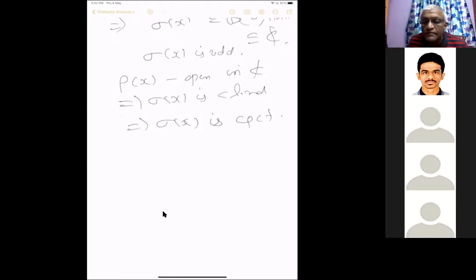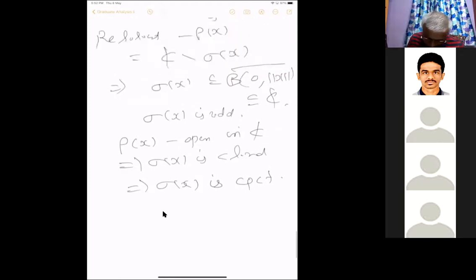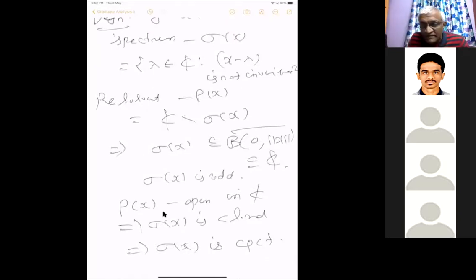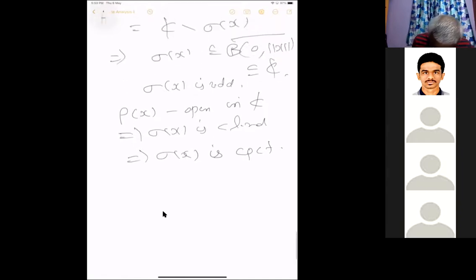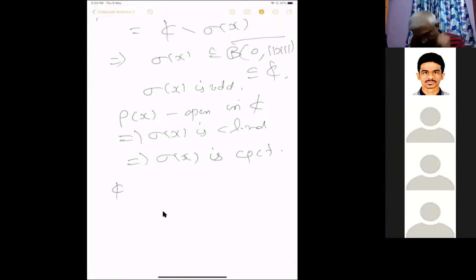So how is the complement open? Rho x is open because the set of all invertible elements is open. You have a map from C to A, lambda going to x minus lambda, right?